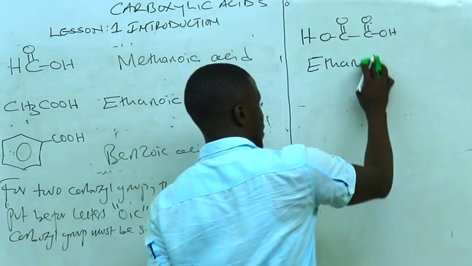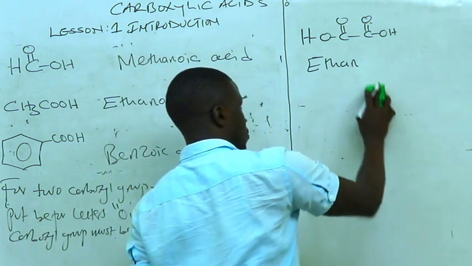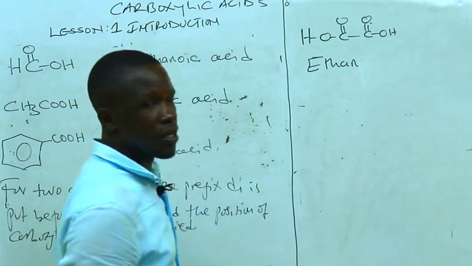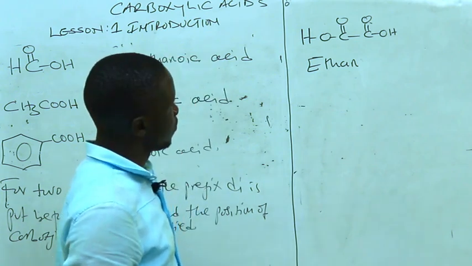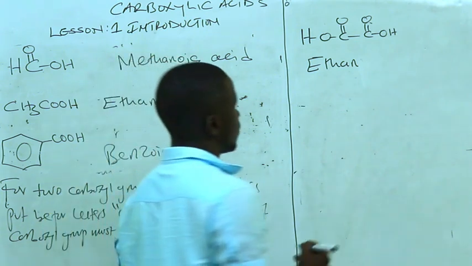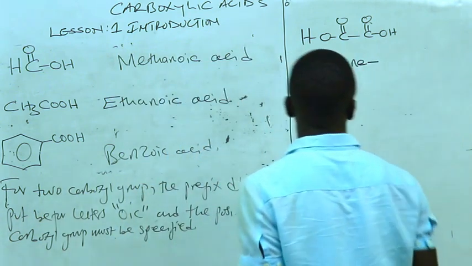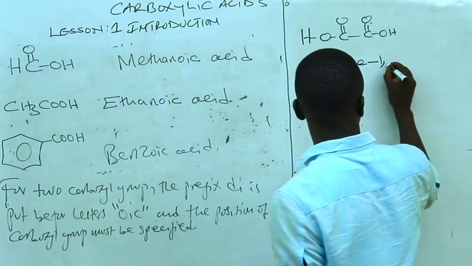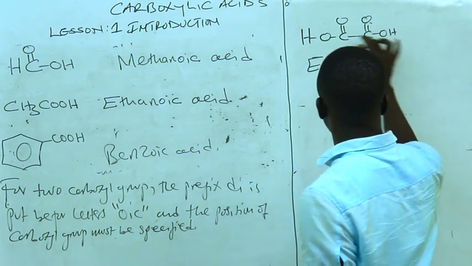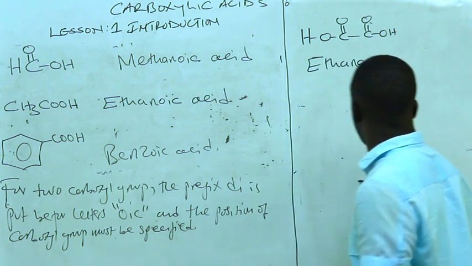Actually, this time we should not remove the letter E. We just name ethane and locate positions 1 and 2, since on each of them there is a carboxyl group.